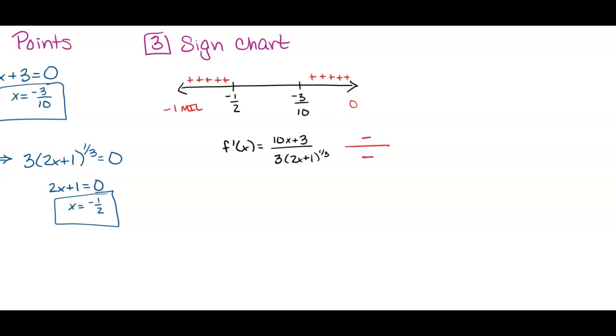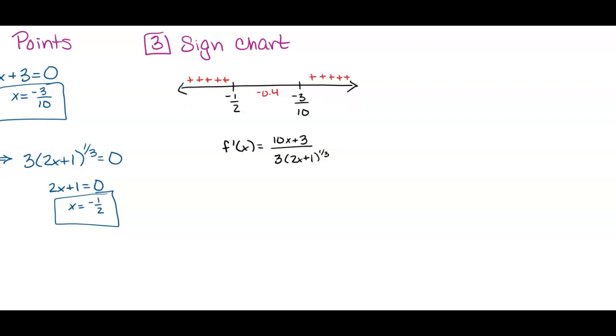And then let's see what happens in the middle. So negative 3/10 is negative 0.3, and this is negative 0.5. So if I think about a negative 0.4, that'll be my number in the middle interval that I want to plug in.